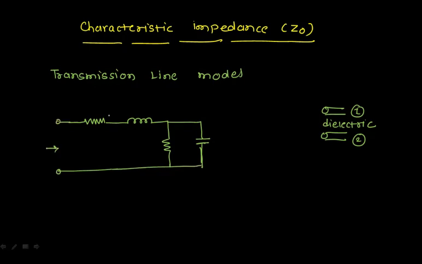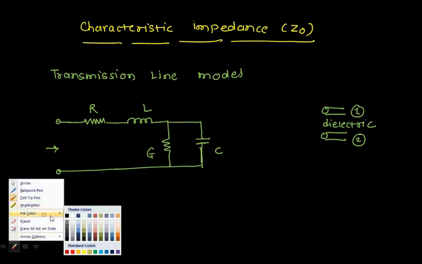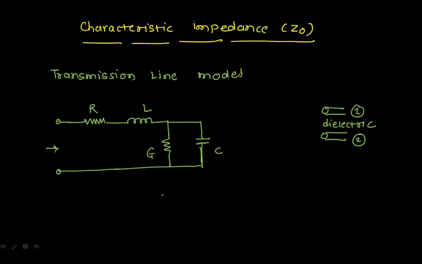So this is the R, this is the L, this is the conductance G, and this is the C. Whenever I call it impedance, Z is equal to R plus J omega L. This is what we call impedance. The admittance is G plus J omega C.